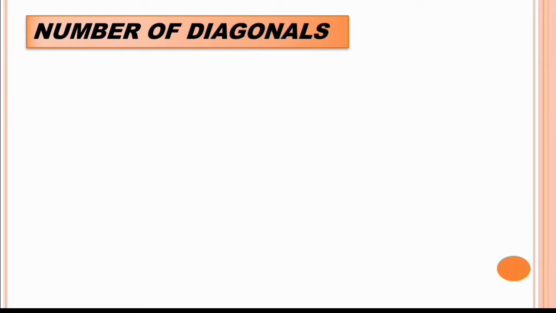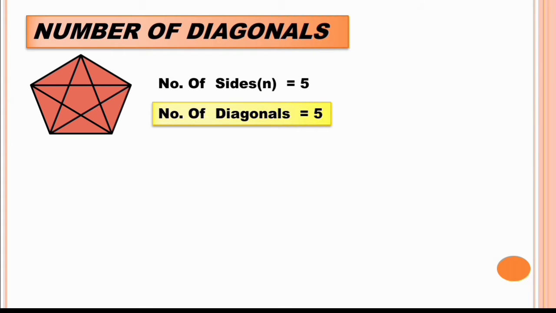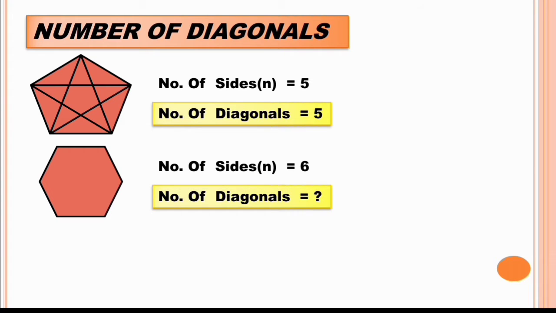Let's see how we can find the number of diagonals of a polygon. Look at this pentagon. As we know, a pentagon has 5 sides and 5 diagonals. This one is your hexagon. The number of sides in a hexagon is 6. So how can we find the number of diagonals?